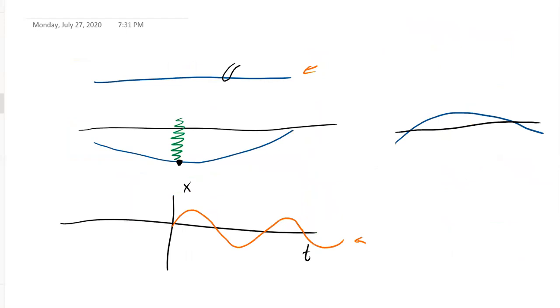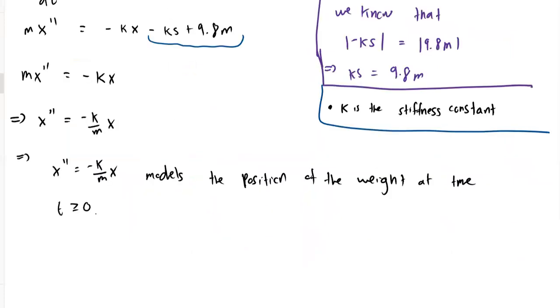So for this example, we could say that x of 0 is x naught, meaning that we pulled the weight down x naught units past equilibrium. I'm saying down, so it's going to be a positive number. If I say push it up, it's going to be negative.